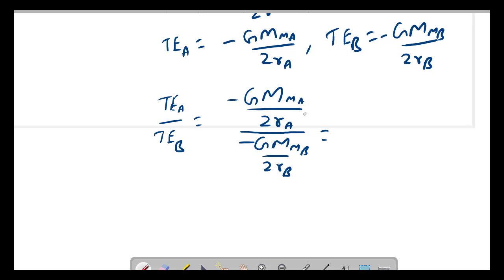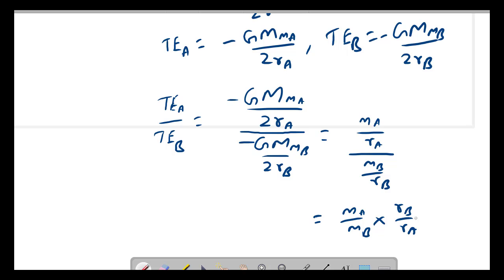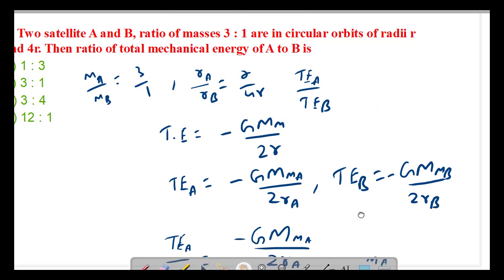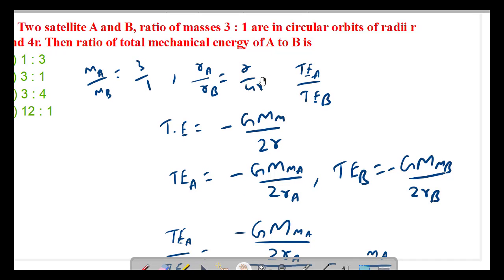Here capital G, M get cancelled out, the negative sign and 2 also get cancelled, so what we are left with is mA upon RA, and here mB upon RB. Now we arrange the terms, so we get mA upon mB into RB upon RA. The ratio of the mass of A to the mass of B is 3 by 1, and RA upon RB, because here r will get cancelled, is 1 upon 4.